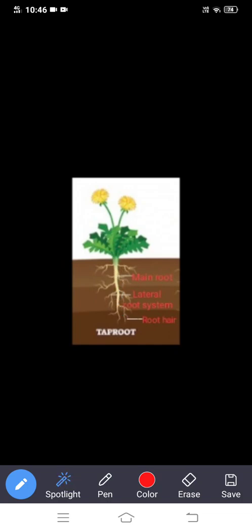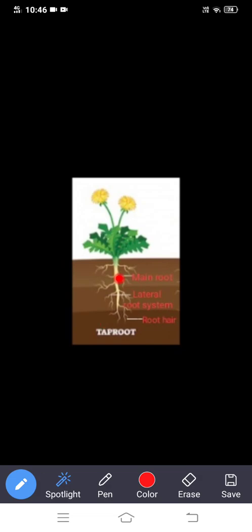Yes, it will look like a main root, which is different from that of the lateral root. It is thick. It is looking like a main root, and it is different compared to the side lateral roots.